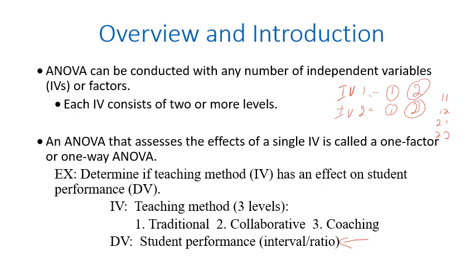This is what's called, again, a one-way ANOVA. For the purposes of this class, we are going to just be doing one-way ANOVA. There's other times where we could do 2-way, but for this semester, I'm just doing one-way ANOVA.